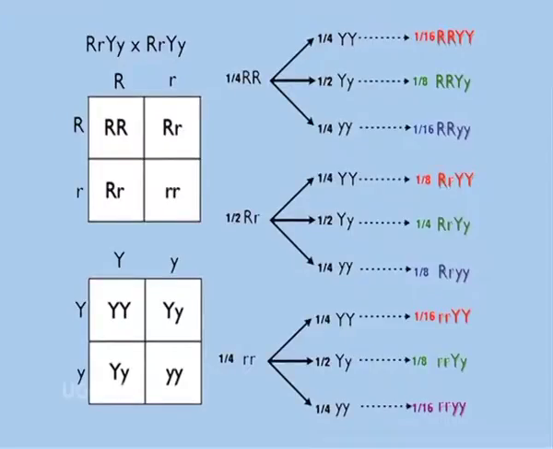Taking Y for yellow and small y for green, as well as capital R for round and small r for wrinkled, the genotype of the parental, that is capital P generation, is capital R capital R, capital Y capital Y crossed with small r small r, small y small y.